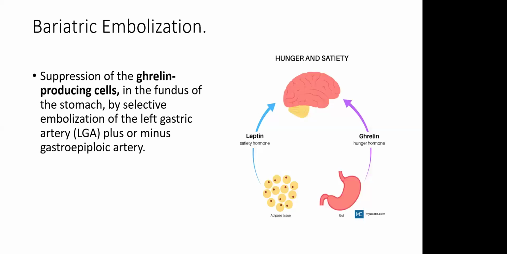You can embolize the left gastric artery, which will suppress the production of ghrelin hormone, and this will reduce the urge to eat or feel hungry for people who are looking at losing weight, and thus in the long run it leads to weight loss. Next.